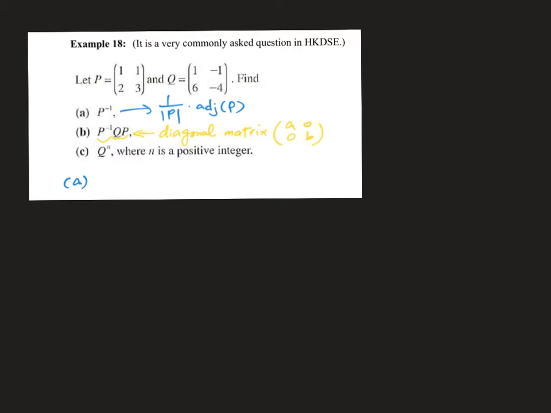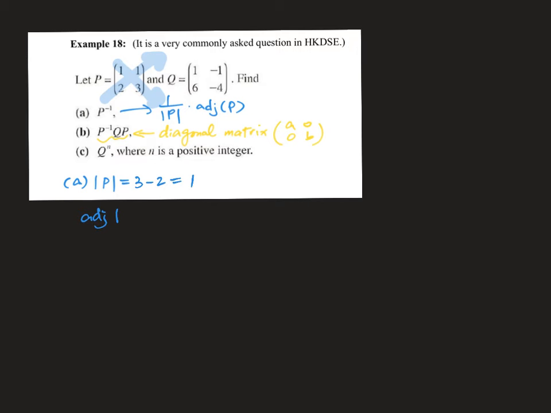Whereas adjoint of P is a matrix of the same size as P, that means now it's 2 by 2. So let's work out the answer. Determinant of P will be 1 times 3 minus 2 times 1. That gives 3 minus 2, which is a 1. That's very good, a very simple number.